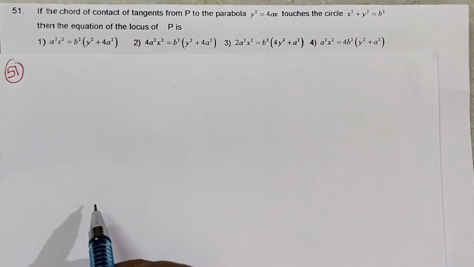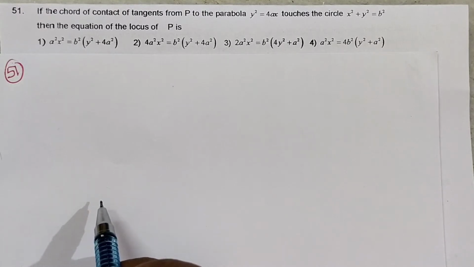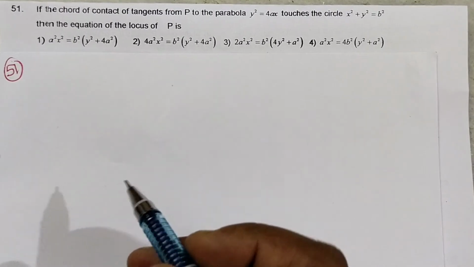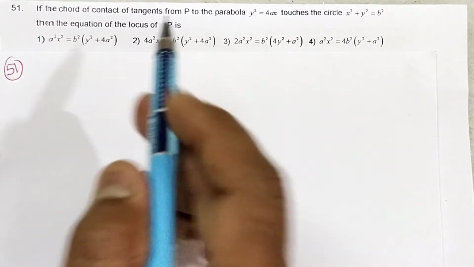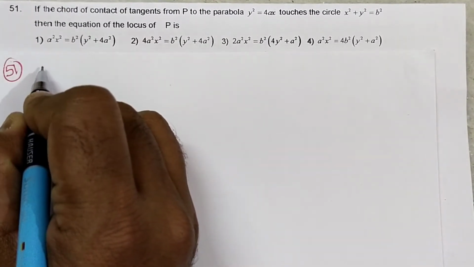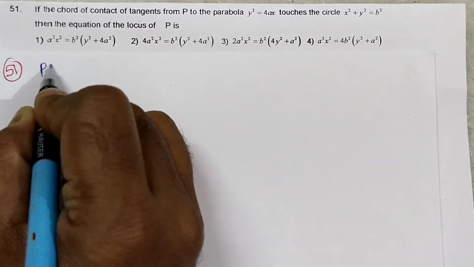If the chord of contact of tangents from P to the parabola y square equal to 4x touches the circle x square plus y square equal to b square, then the equation of locus of P. That means chord of contact of tangents from P to parabola. So let P of x1 comma y1 be a point.